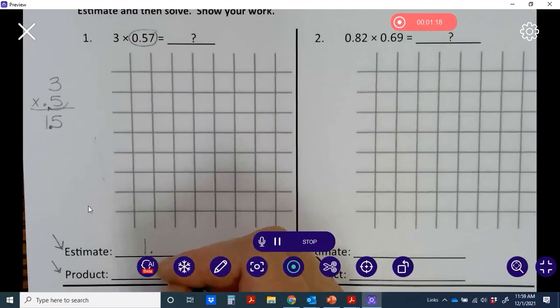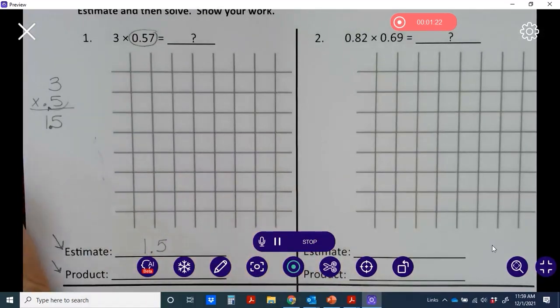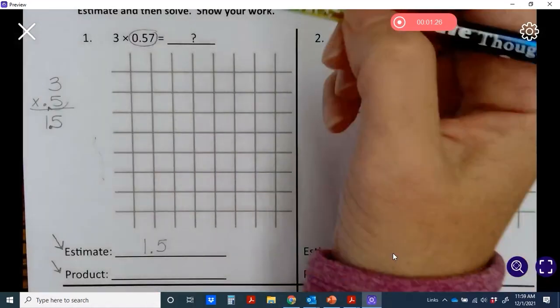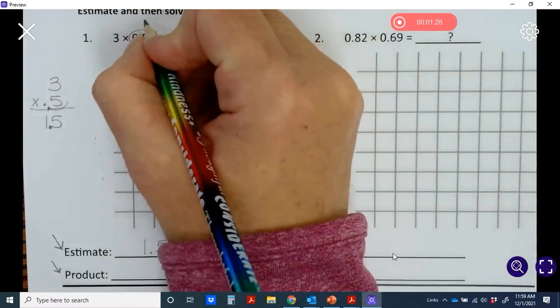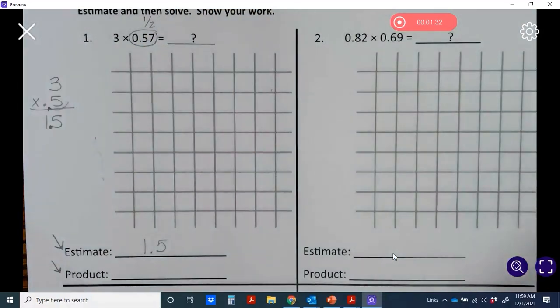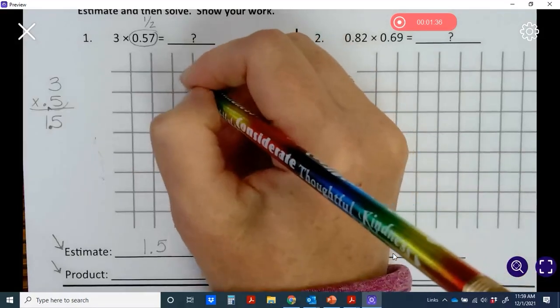I could do this mentally because this is about half, and what's half of 3? 1.5. Okay, now let's solve this for real.